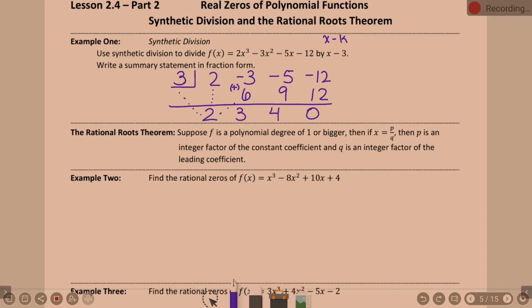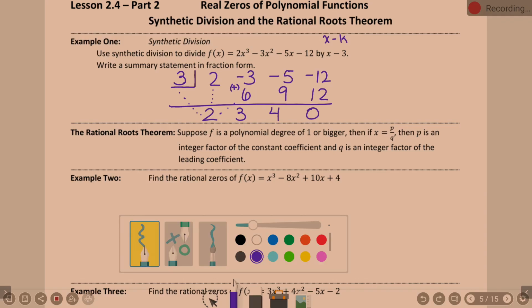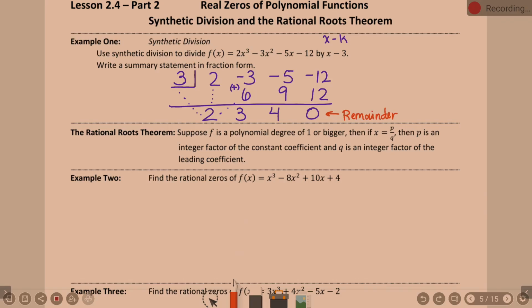What is that 0? The remainder. Okay, that is your remainder.